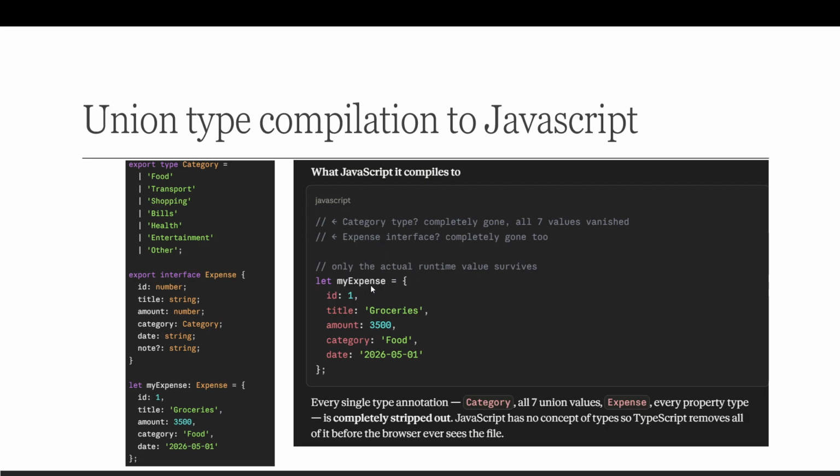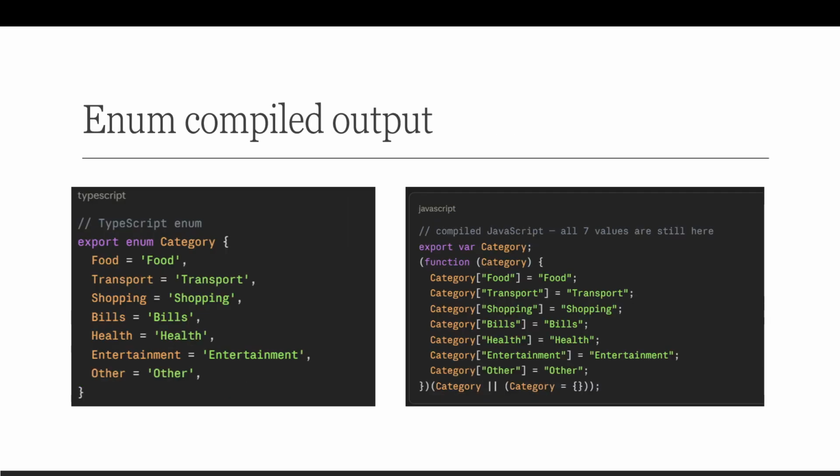Like let myExpense equal this, and the category type will be gone, all seven values will vanish because only one is being used, and that is cat food. The second thing is that the expense interface is also gone, because it is there just to make sure there is no error within TypeScript itself.